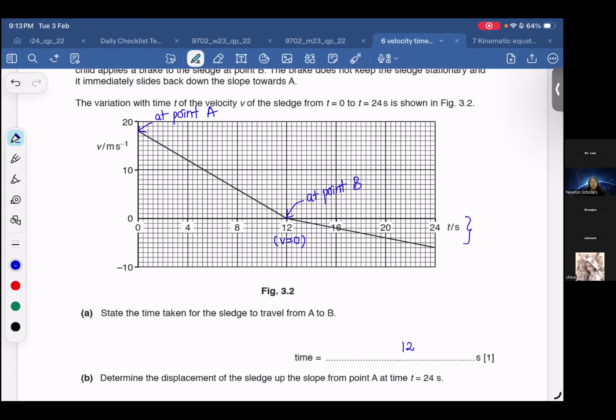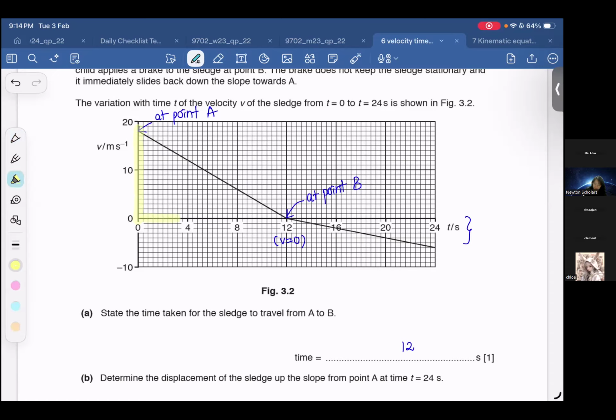How about others? Chloe, correct. Any others? How to find displacement? Clement, correct.